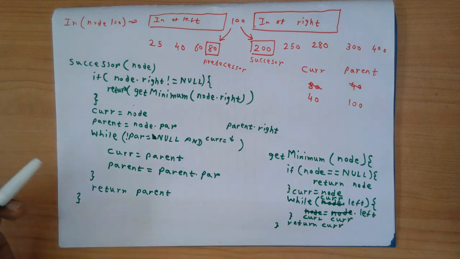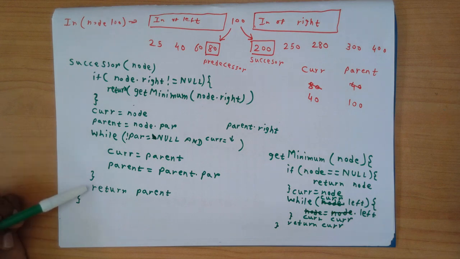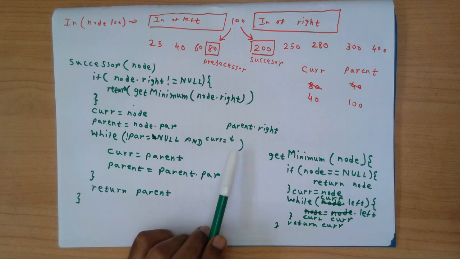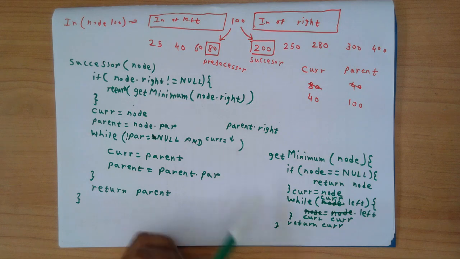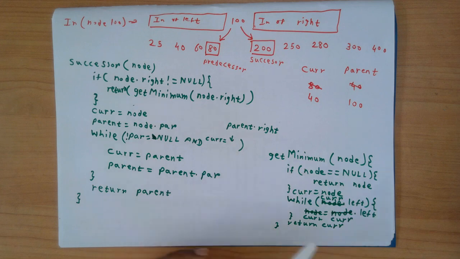And in case you don't have a right subtree, your successor is going to be one of your ancestors. And which is the ancestor? The ancestor such that you belong to the branch where the child of that particular ancestor is the left child. Till the time you find right, you keep on going up.